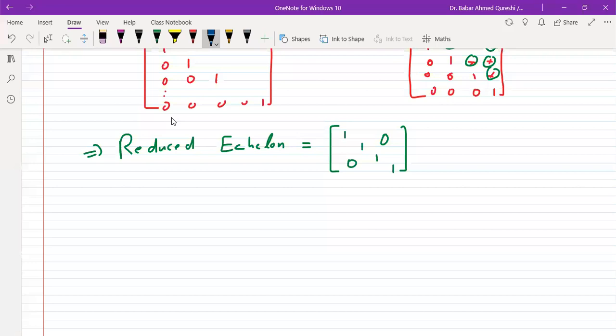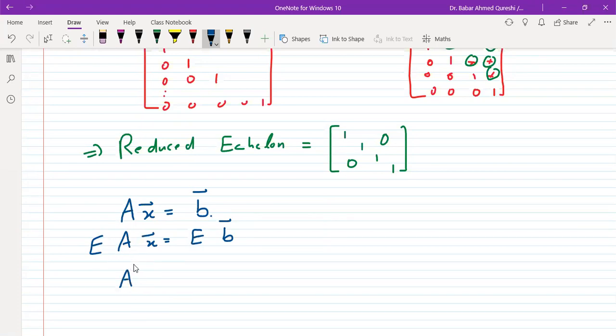So what does this mean? This means if I have an equation like this, and by multiplying with these elementary matrices, I am trying to convert it into the reduced echelon form. I do that.